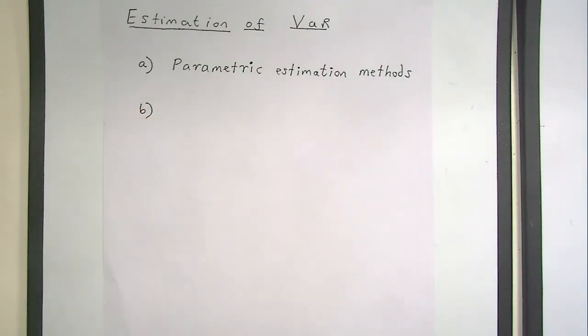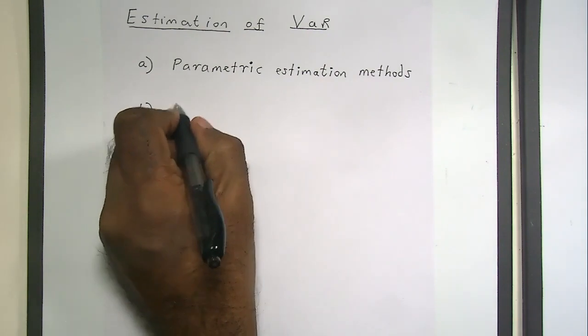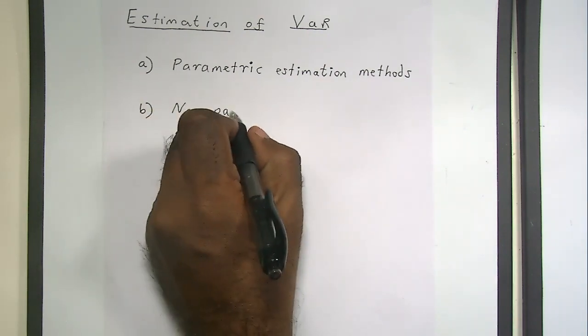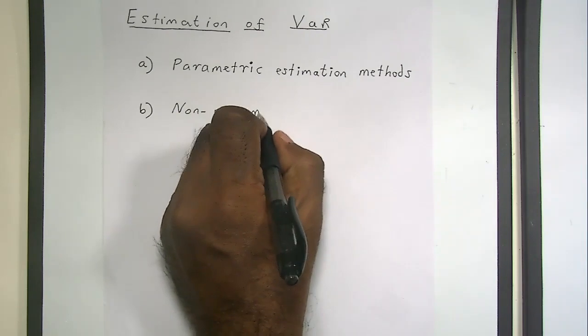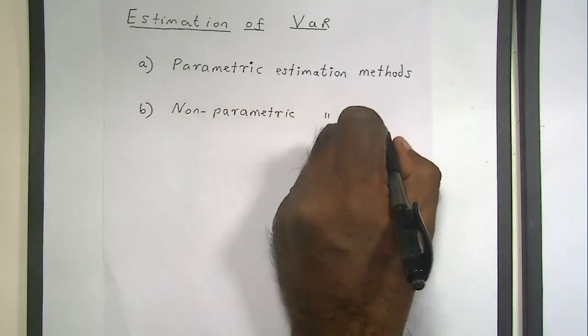When I say parametric estimation methods, what they mean is that they assume that the data and the losses come from a specific distribution, like the normal distribution or the uniform distribution or the exponential and so on. The next one I will talk about is the non-parametric estimation methods.